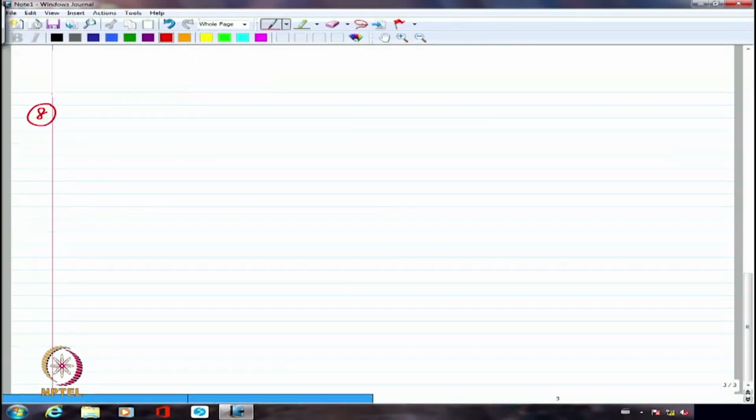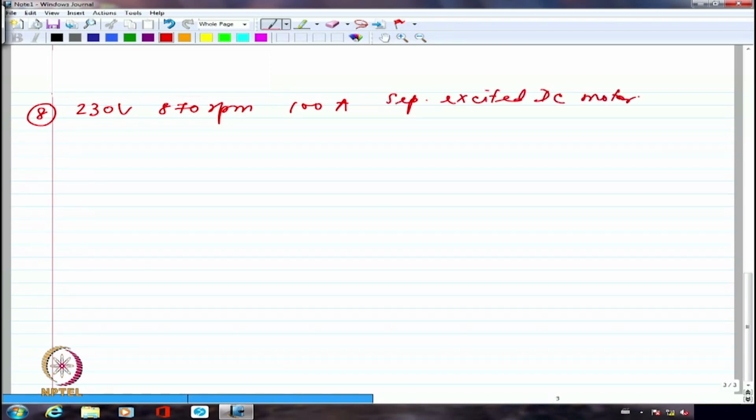That's all. The problem statement says a 230 volts, 870 RPM, 100 ampere separately excited DC motor. It has RA equal to 0.05 ohm.